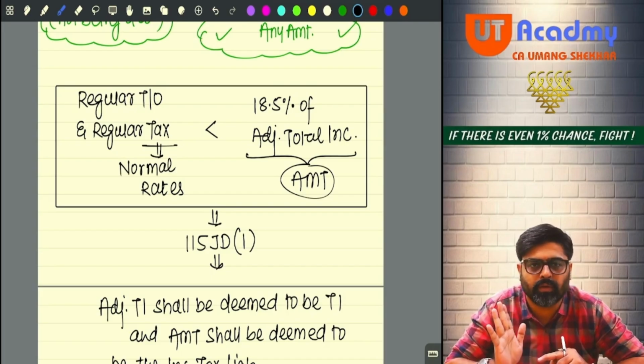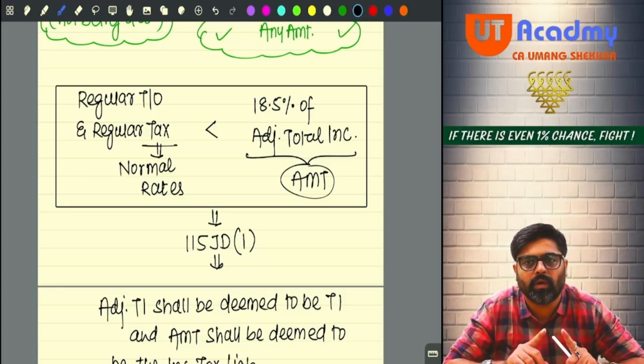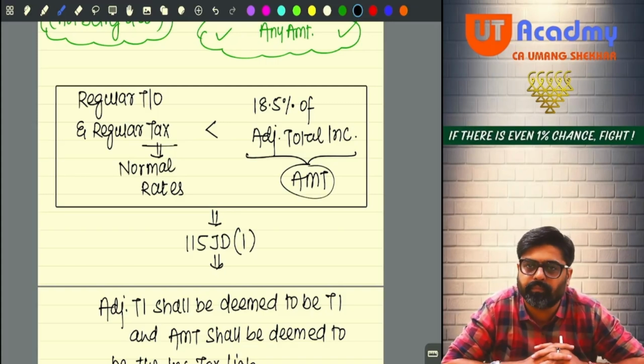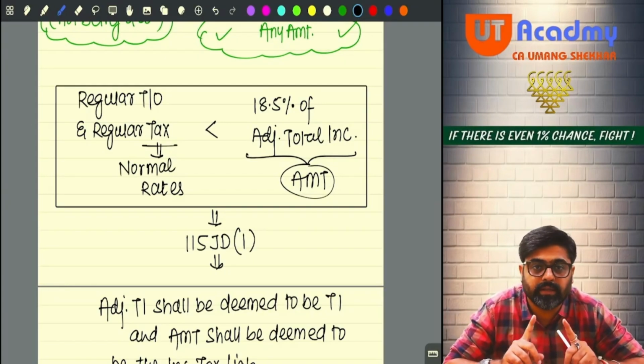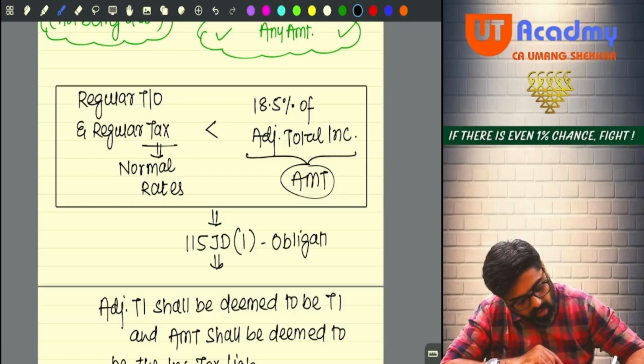Your regular tax which you have calculated will be ignored. Adjusted total income will be deemed to be your total income, and the AMT which you have calculated will be paid by you as your income tax liability. This is 115JD subsection 1, which talks about the obligation or liability to pay alternate minimum tax.